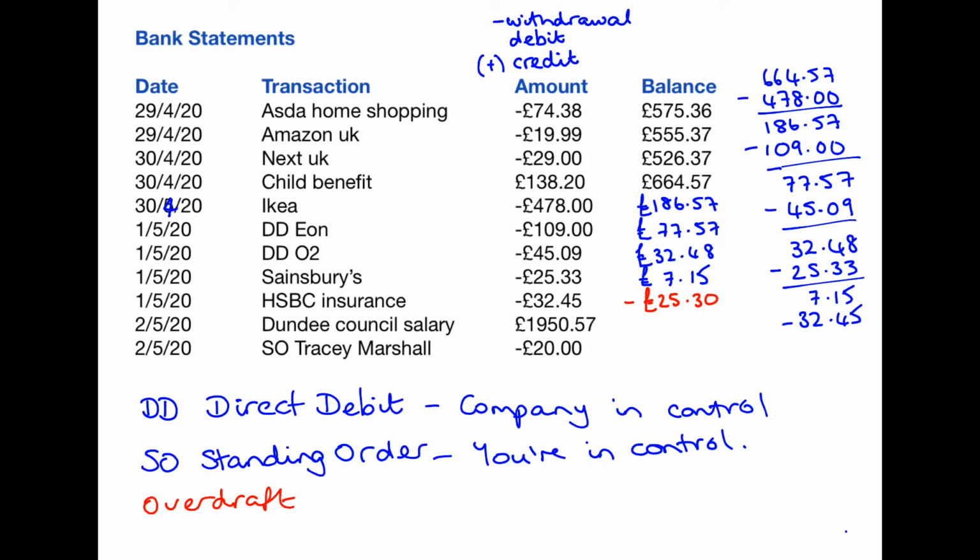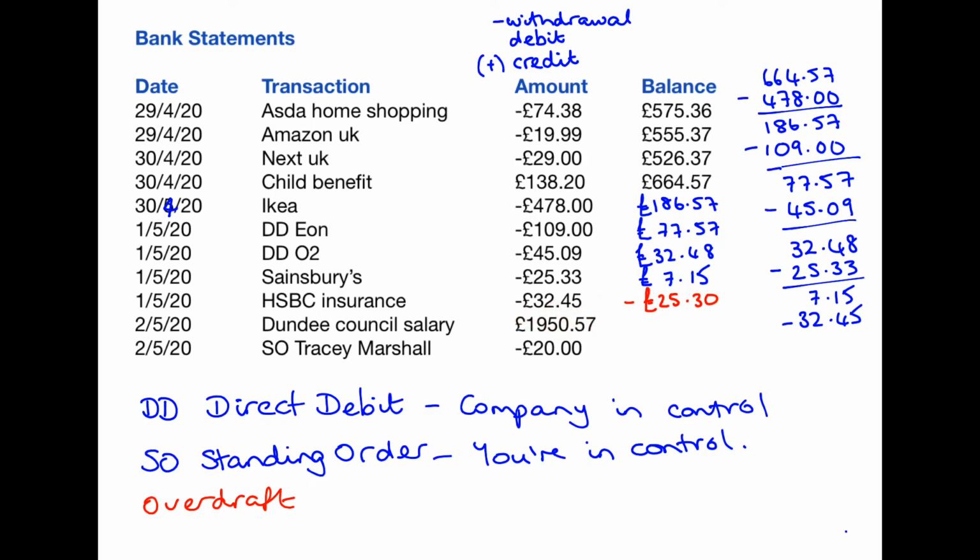Okay, and we can see that our next transaction is Dundee Council salary, and that's not a minus. This is a plus, so this is money getting paid in. So even though we're £25.30 in the red here, we've spent £25.30 more than we had. This money's going to go back in now.